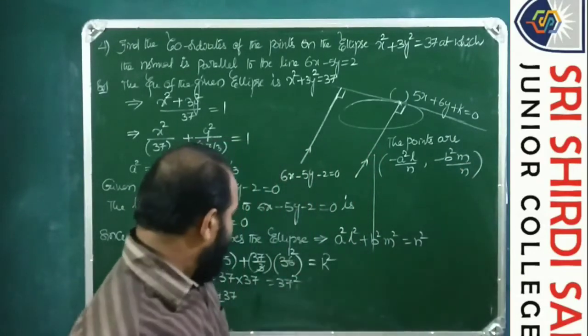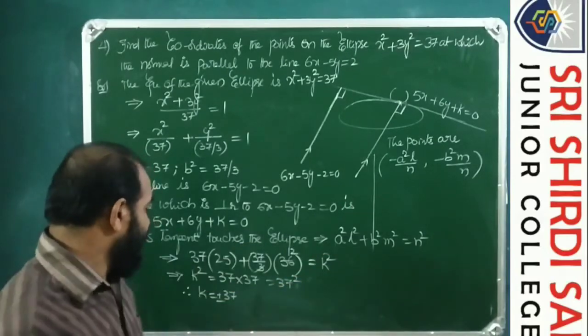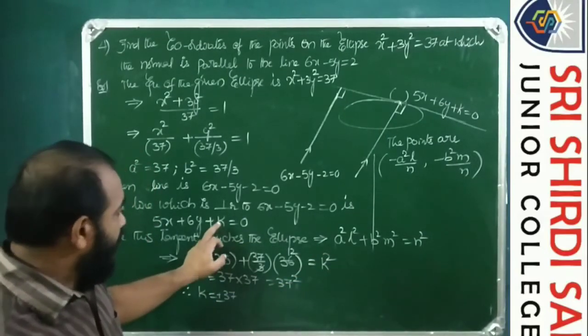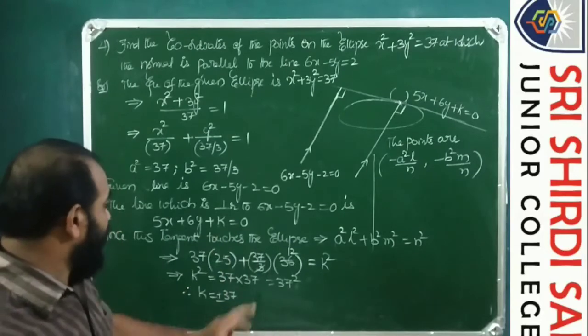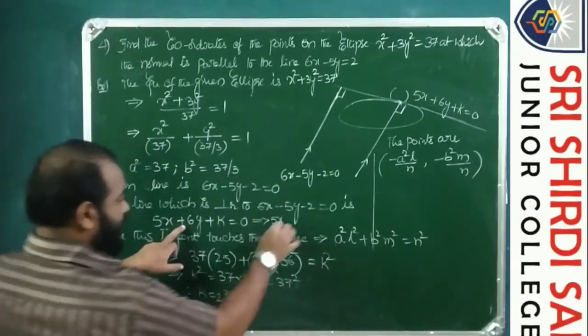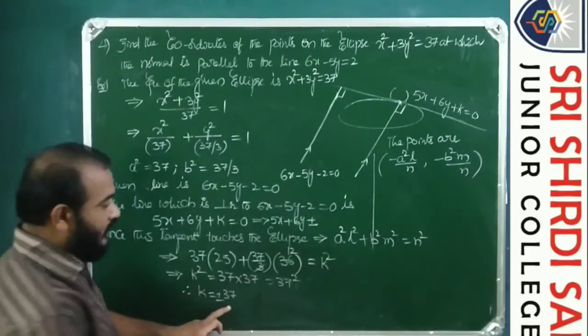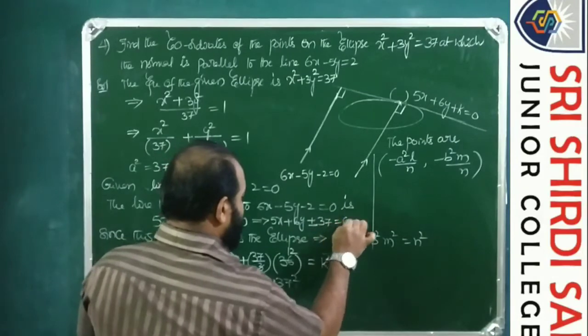What is this n here, and what is this k here? This is plus or minus 37. That means this is 5x plus 6y plus or minus 37 equals to 0.